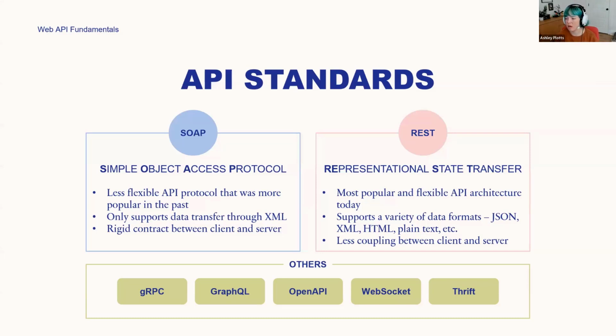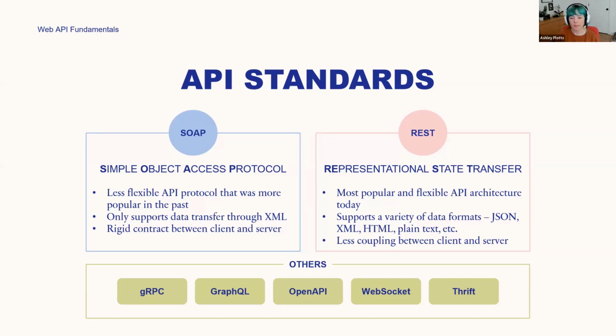There's OpenAPI, which was previously Swagger. It provides documentation for endpoints available for an API, which I believe Josh is going to go into a little more detail about during his demo.